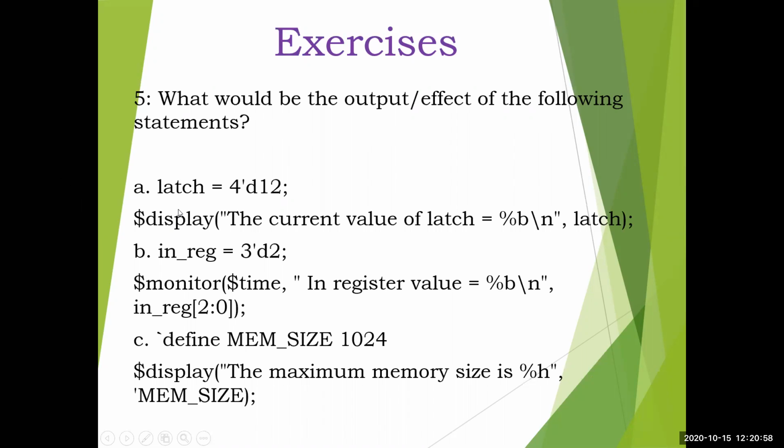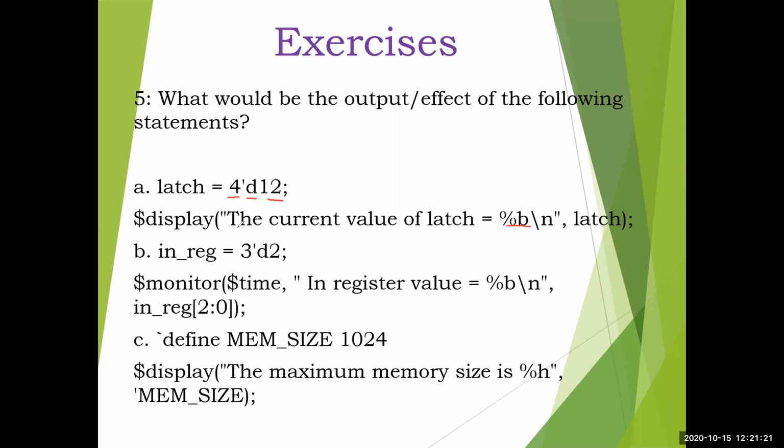So we have a variable here, latch, which is initialized to 4'd12. Okay, so it is a 12, but this is a number specification. 4 is the bit size and then the number. So display the current value of latch equal to %b latch. That means 12 is there, so 12 you have to display in binary.